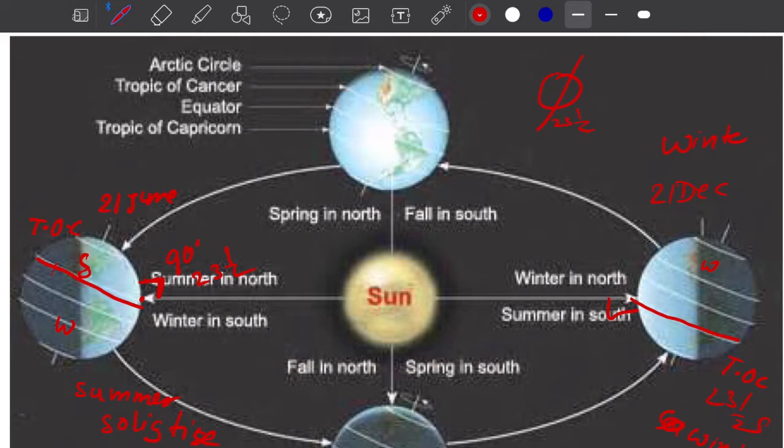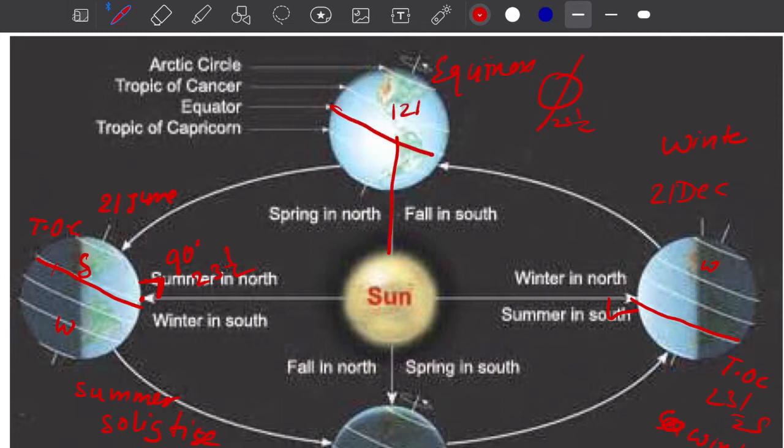So how much is Earth tilted right now? 23.5. That's why sunlight can reach a maximum of 23.5 north and 23.5 south after 6 months. So there is a 6-month gap between these two regions. This is called the equinox position. Equinox is when sunlight is incident exactly at the equator.